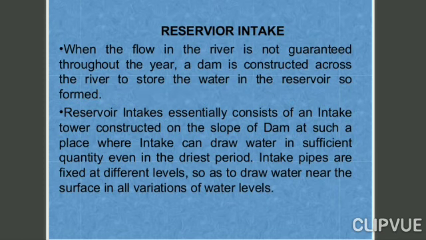So reservoir intakes essentially consist of an intake tower constructed on the slope of the dam at such a place where the intake can draw water in sufficient quantity even in the driest period. Intake pipes are fixed at different levels so as to draw water near the surface in all variations of water level.